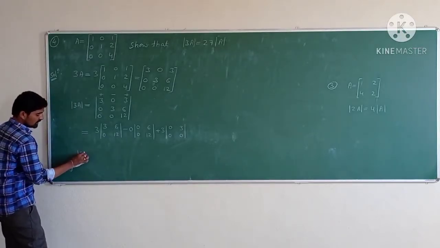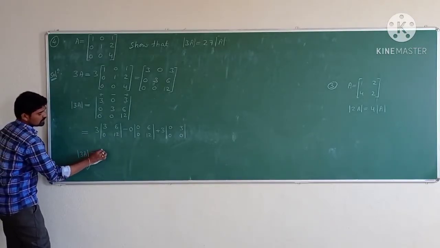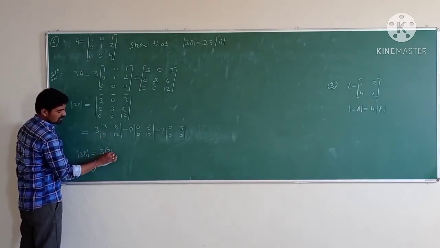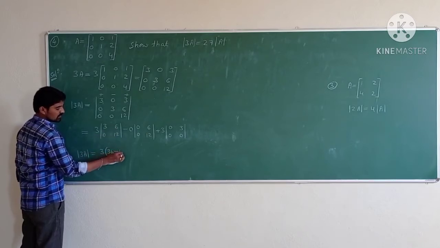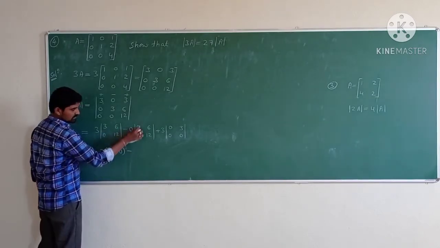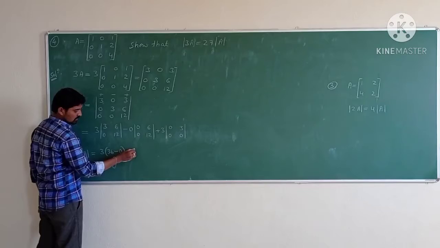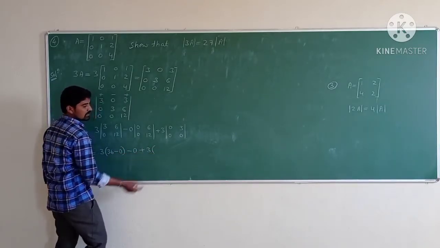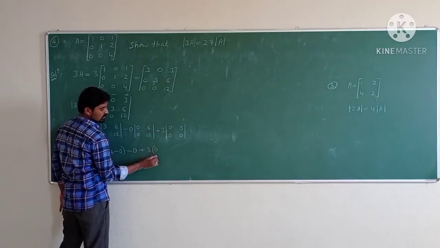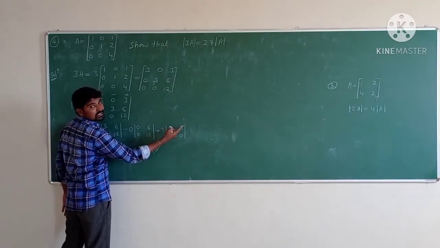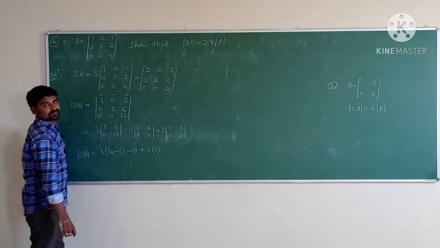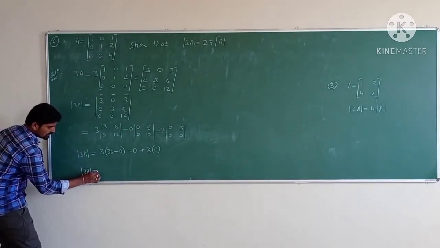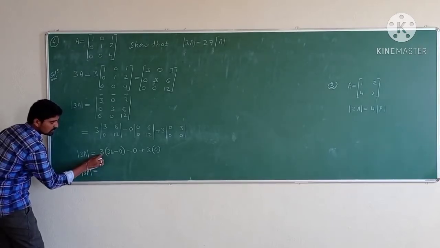So the determinant of 3A is equal to 3 into (12 into 3 minus 0 into 6), which is 0 minus, so 0 into anything is 0, plus 3 into (0 into 0 minus 0 into 3 0), so 0 minus 0 is 0. Therefore the value of determinant of 3A is equal to 36 into 3.